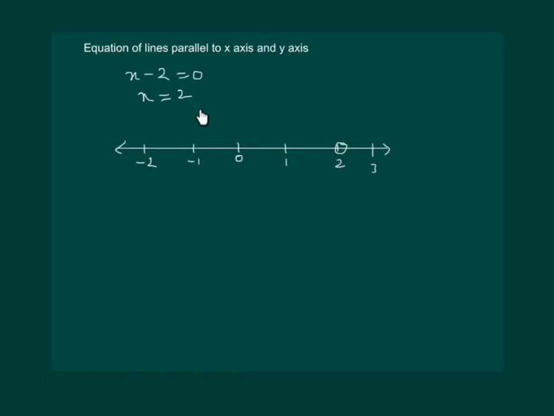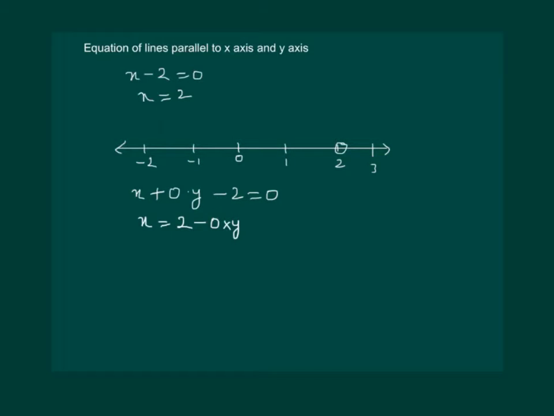But this equation can also be treated as a linear equation in two variables. Then we get x is equal to 2 minus 0 multiplied by y.